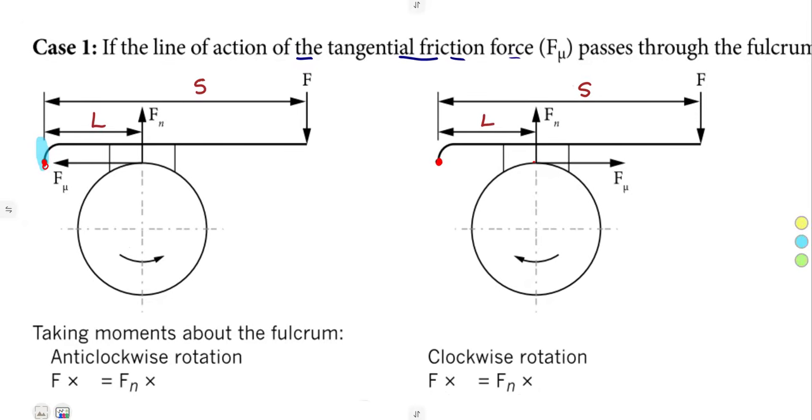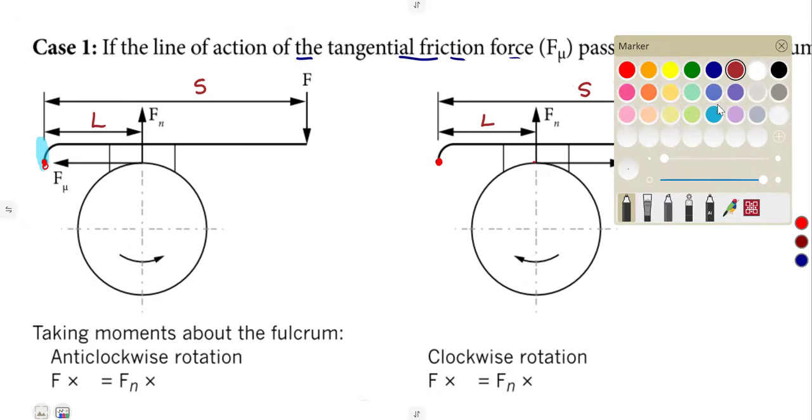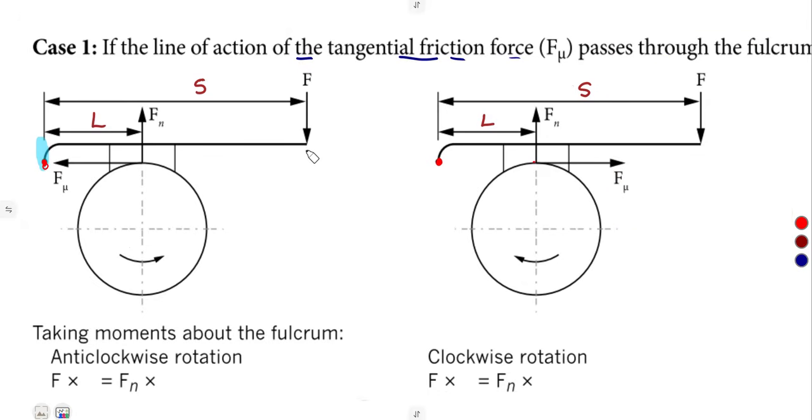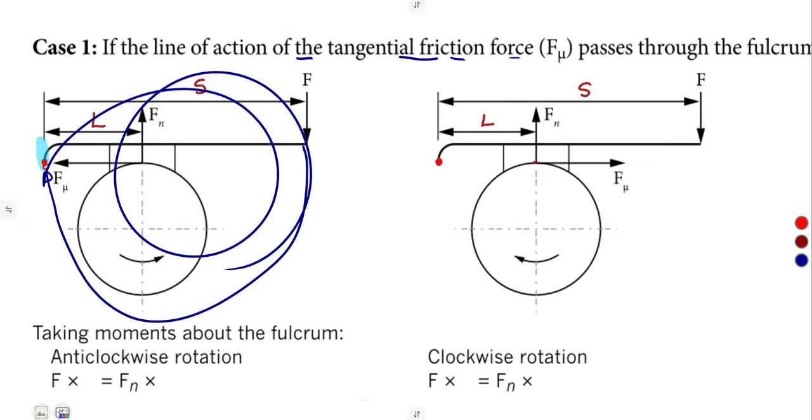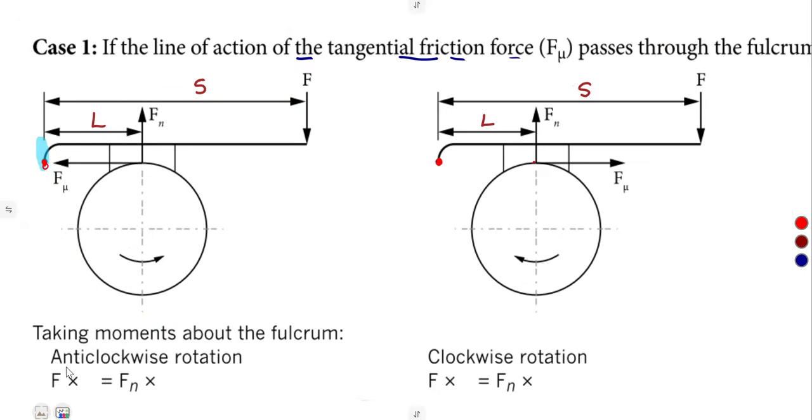So in our case here, as we consider F going this side to the fulcrum, this is clockwise. These are clockwise moments, and on the other side, these are anti-clockwise. That is the order that they chose here.